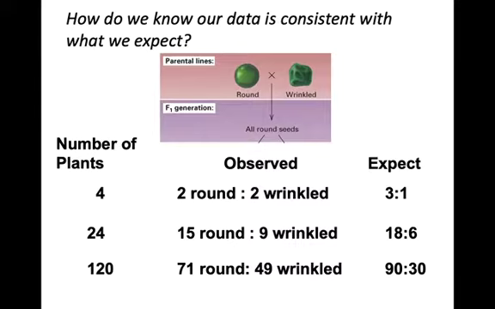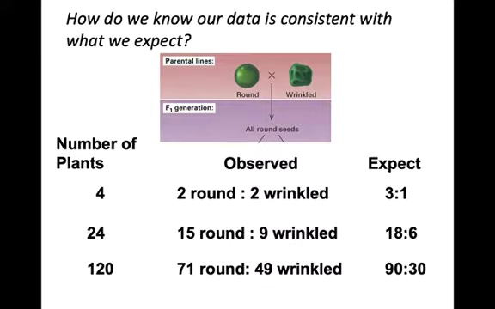If you just had 4 plants and you observed 2 round pea-bearing plants and 2 wrinkled pea-bearing plants, you'd expect 3 round and 1 wrinkled, and you observe 2 and 2. Would you be willing to say that this is inconsistent with the expectation? Of course you wouldn't. You'd be like, well, that's pretty darn likely.